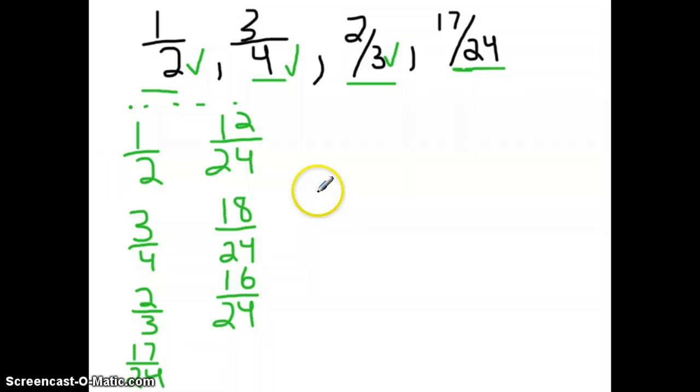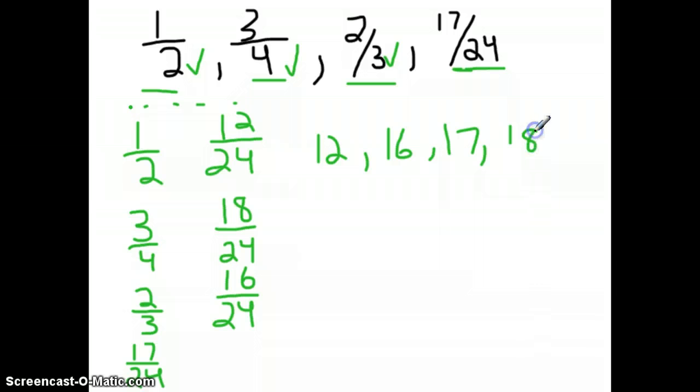So if we ordered those, we get 12 out of 24. And we won't write the denominators, we'll just write this like this for now. 12 out of 24 would be my smallest one, then 16 out of 24, and 17 out of 24, then 18 out of 24. So if I look back at my original fractions, I know that 12 out of 24 was 1/2, so 1/2 was my smallest.